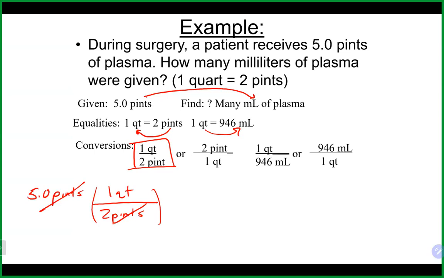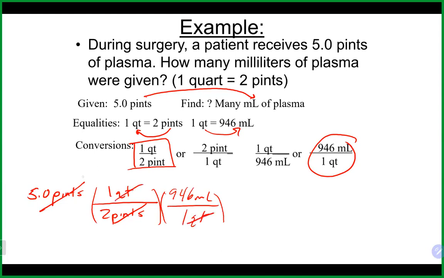We need to then take it from quarts to milliliters. Again, setting it up like this, which is how you should do it. We can clearly see that the quarts are up on top. So we know that to get rid of them, we're going to go opposite and throw down our conversion factor over here. That will work. Which will then give us 946 milliliters is 1 quart. Quarts here will cancel.